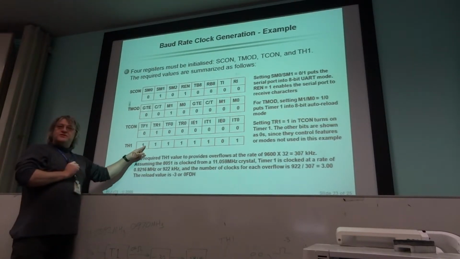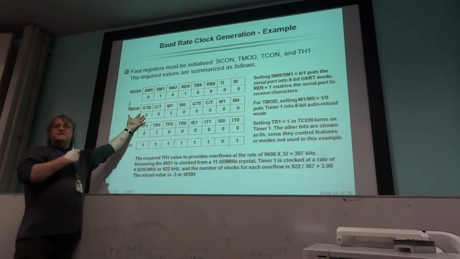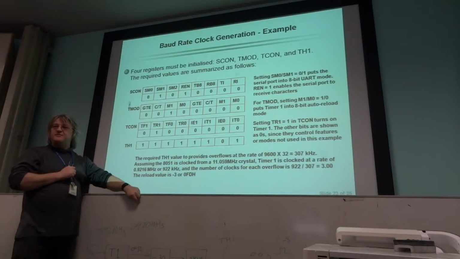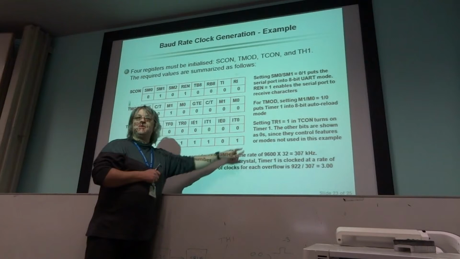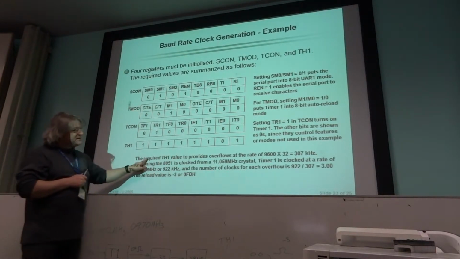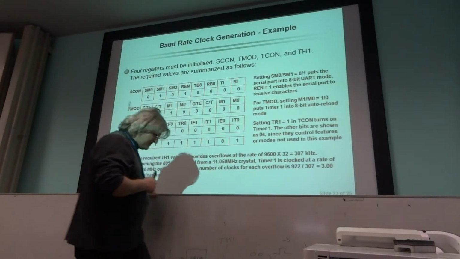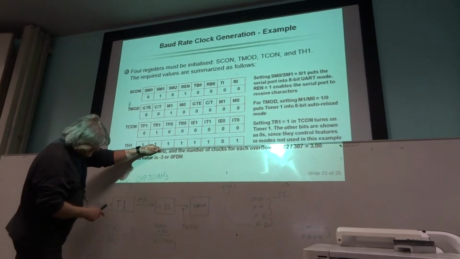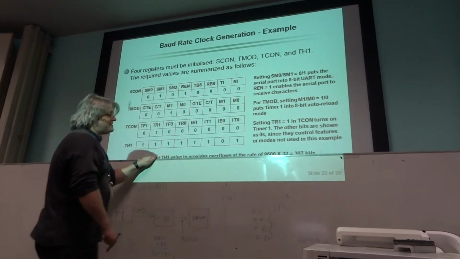The final thing I've got to do, because I'm asking for auto reload mode, is work out the auto reload value to put into my counter, the low part of the timer. And that's this number here. Where did this number come from? That came from this calculation that we did down here, which is basically the rate we had here, which is 9,600 times 32, 307 kilohertz, that's this thing here.